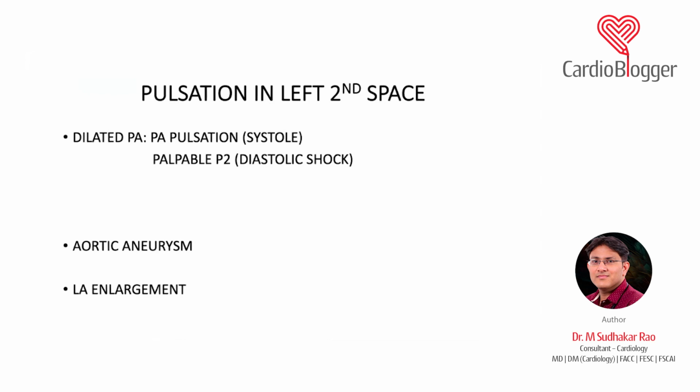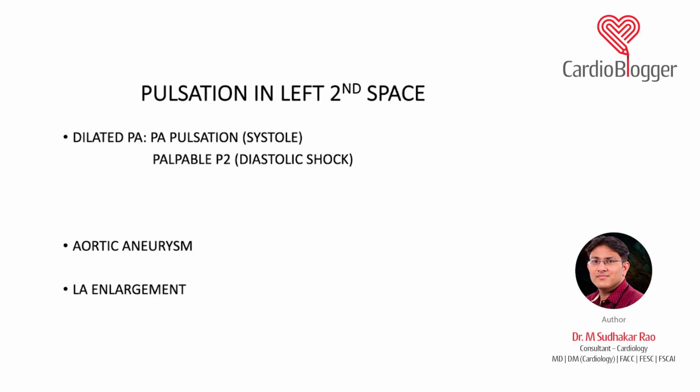However, if it is systolic, it is known as a PA pulsation, and usually we get it in patients with pulmonary artery hypertension. However, in absence of pulmonary artery hypertension, if we are getting it, we should always suspect atrial septal defect, because there is too much blood flow into the pulmonary artery, because of which P2 is palpable and the second intercostal space pulsations will be there.